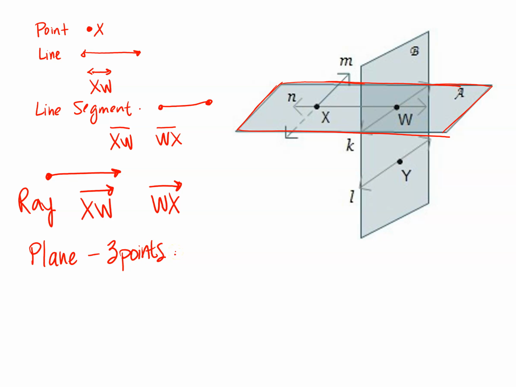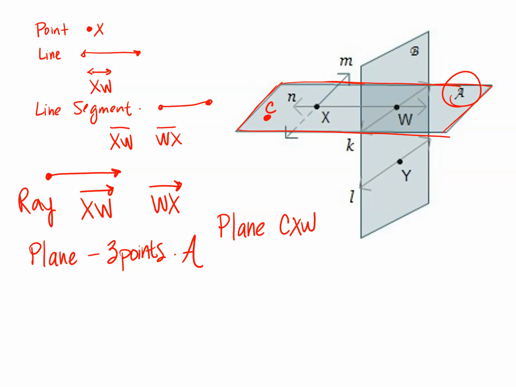So this plane we could call plane A. We know it's not referring to a line for one reason, where it's located, and the other reason because it's an uppercase. It's kind of a scripty uppercase. All right, we don't have a third point on this plane or any of these planes, but we would need one if we wanted to call it by points. So we could call this plane CXW if it had a third point on it.